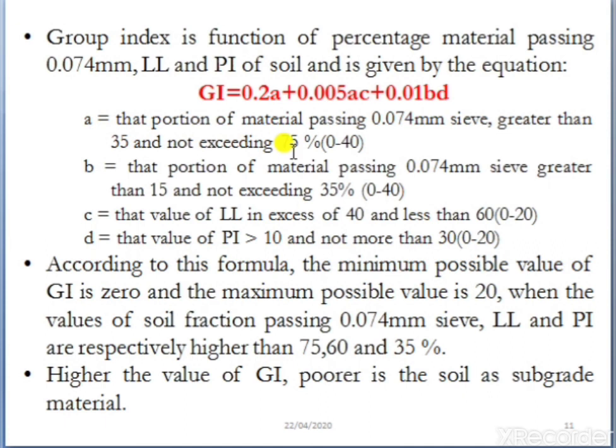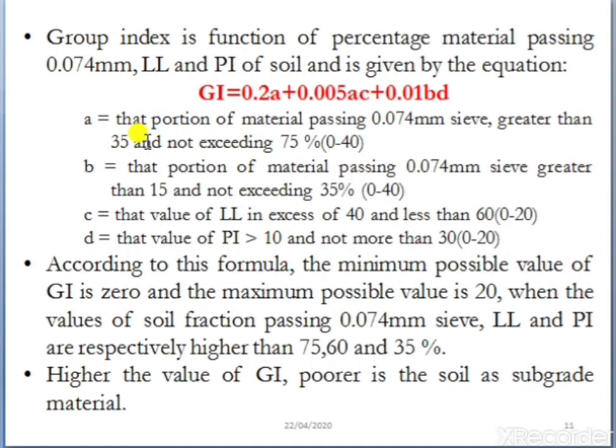That is, the percentage passing should be between 0 to 40. And b is the portion of material passing through the 0.074 mm sieve greater than 15% and not exceeding 35%.